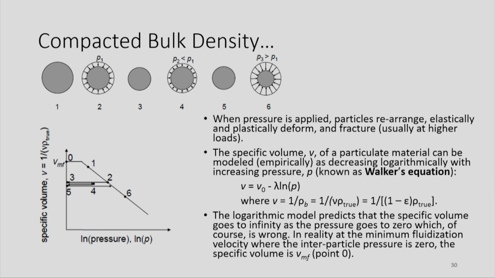Lambda is the fitting constant from the equation, or the intercept and slope. That's very similar to what we talked about in Spriggs equation. So V0 will be the intercept at zero volume, and then you get a lambda from the slope.